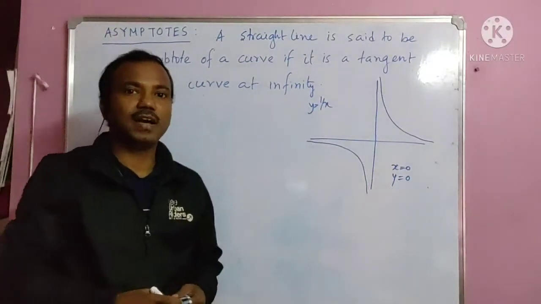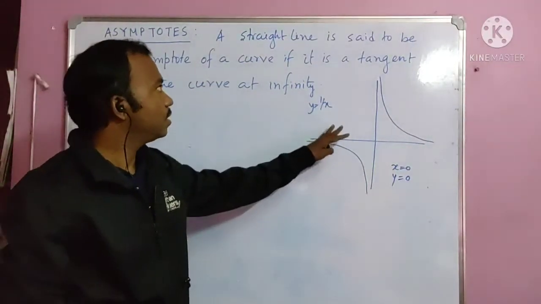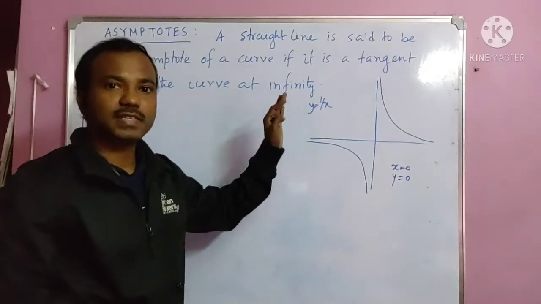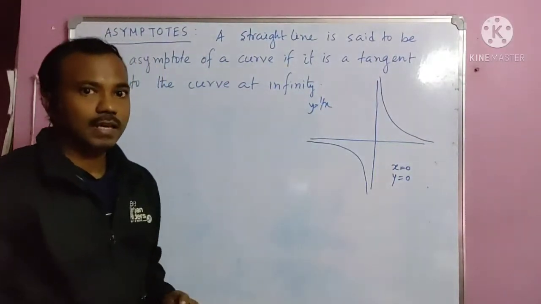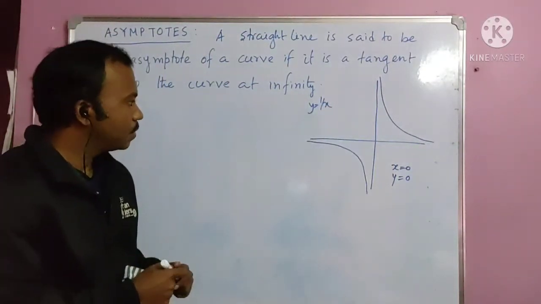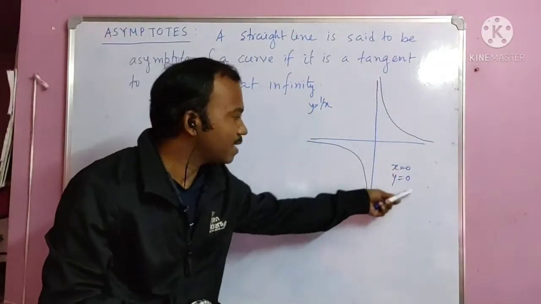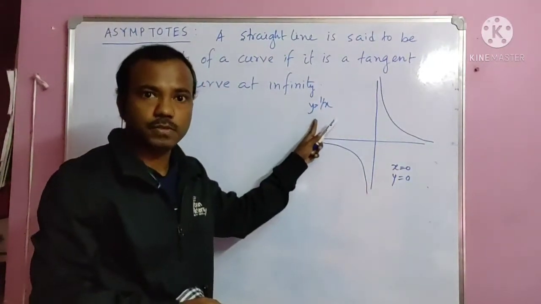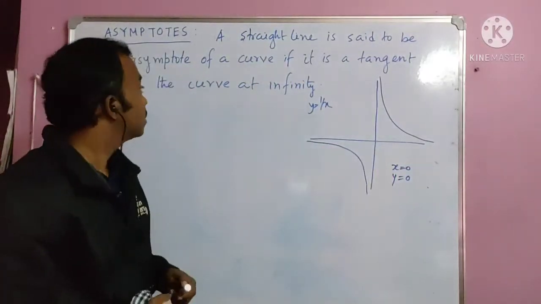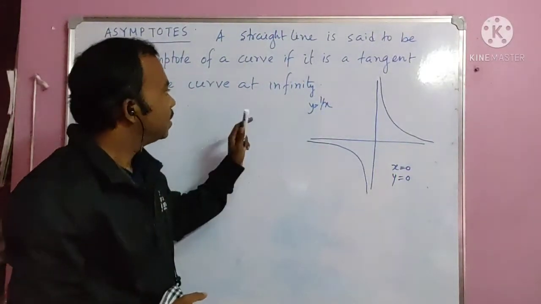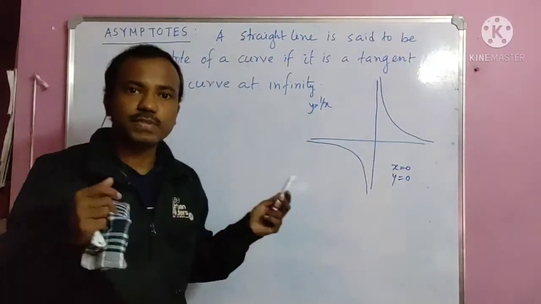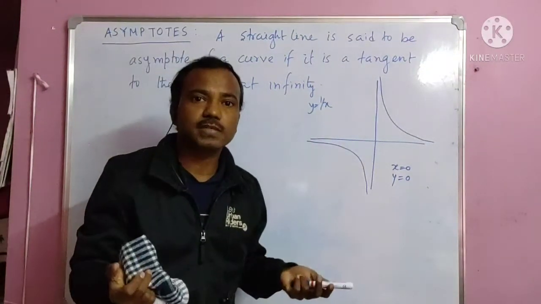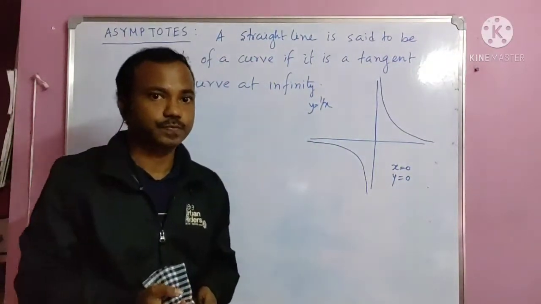Okay, so we have a little understanding of the meaning of a tangent to a curve. And observe that here we are getting two asymptotes from a single curve. So the question that comes is, if a curve is given, how many asymptotes can we get?